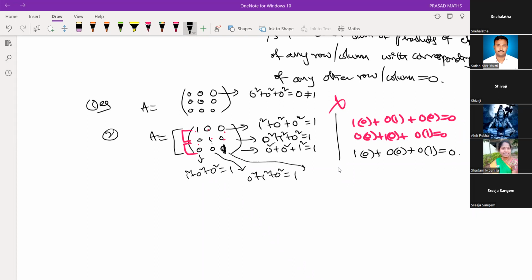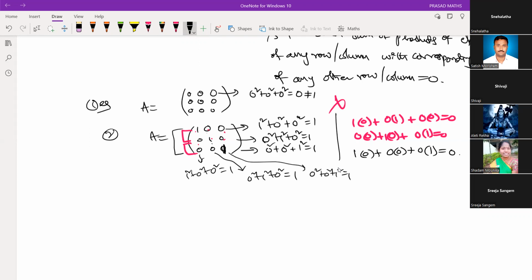Along this column, 0 square plus 0 square plus 1 square is 1. So if you calculate along the row or column, you get the same result. So what is my definition? The sum of the squares of the elements of any row or column is 1, and the sum of the products of any two distinct rows or columns is 0.